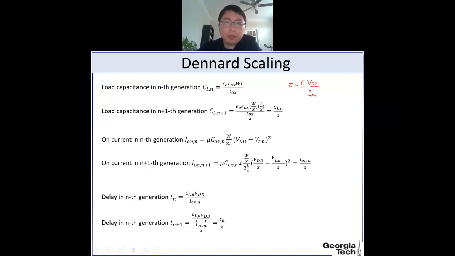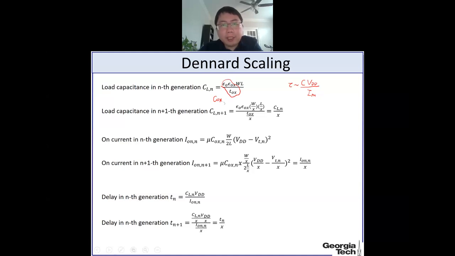So the capacitance at the nth generation is this. This term is the COX, the gate oxide capacitance per unit area: epsilon 0, the permittivity of vacuum, times epsilon of oxide, the permittivity of this oxide material, divided by the thickness of the oxide. So this is COX.